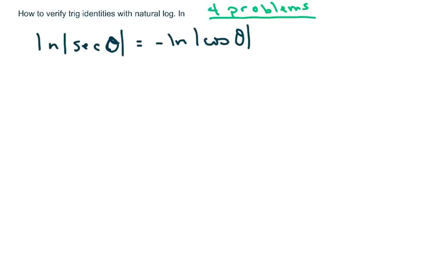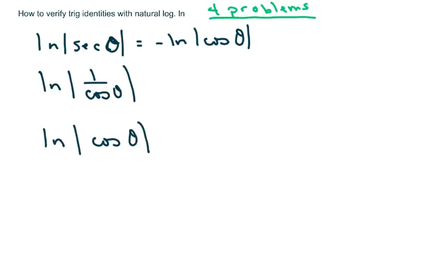So first thing I'm going to do on this one is go ahead and write this as ln of 1 over cosine of theta, which is the same as ln of cosine of theta to the negative 1. So it's the inverse.